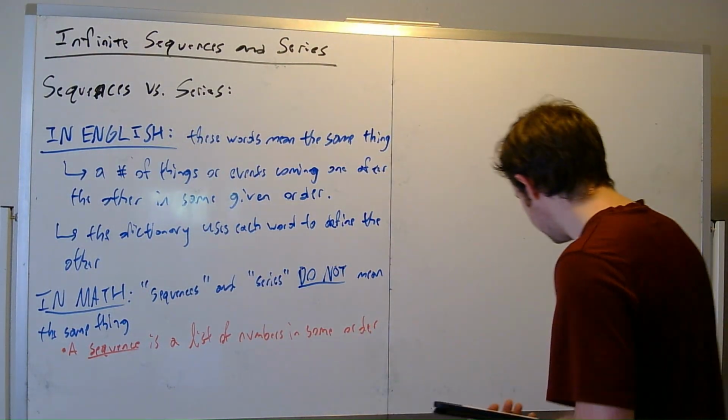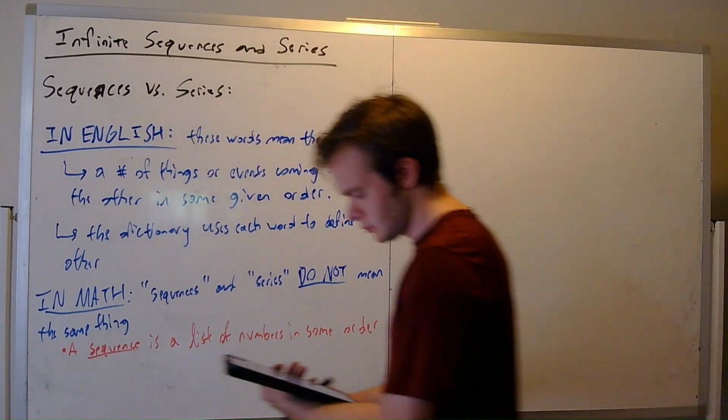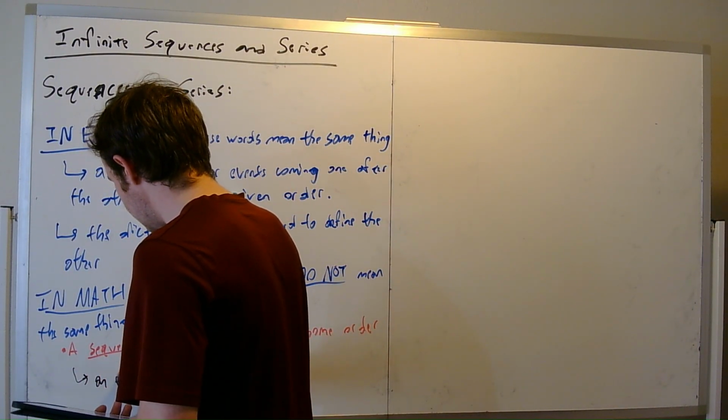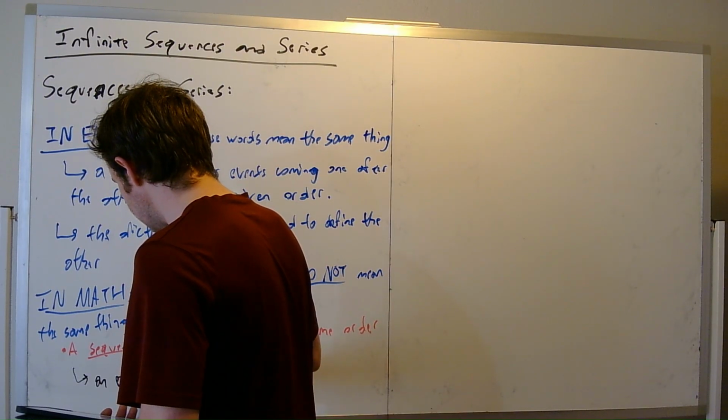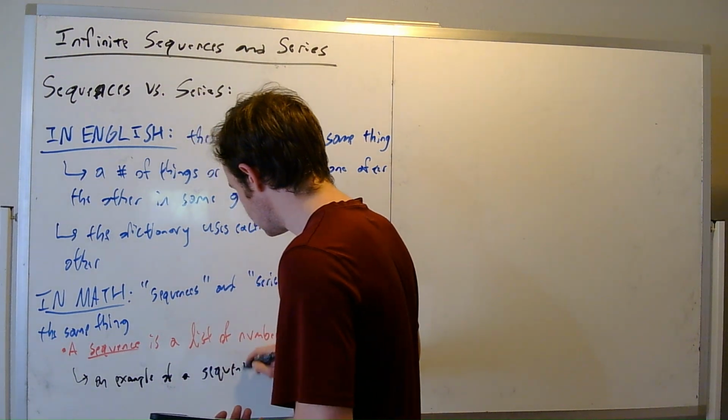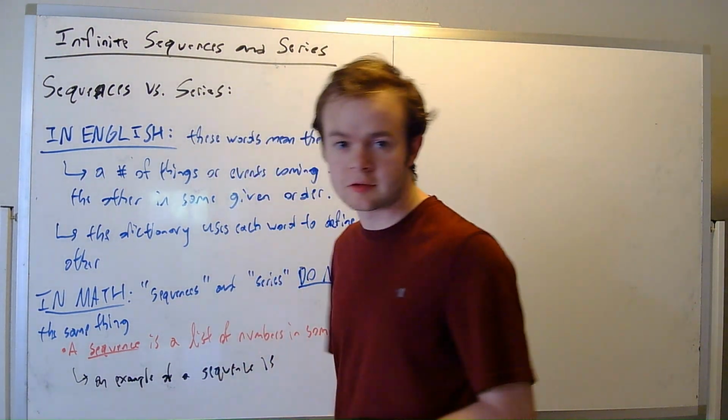Right, so an example of a sequence is, we just pick some list of numbers.